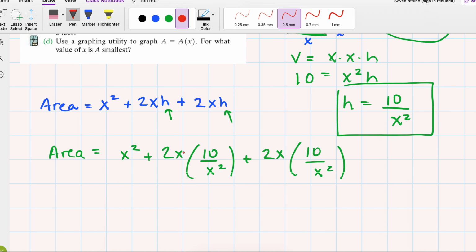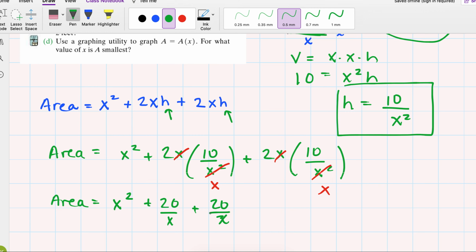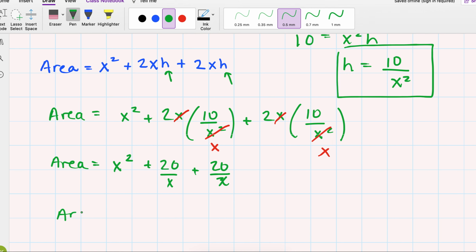Notice that I have an x here and two x's here, so we can cross that out and leave one on the bottom. So the area is x squared plus 20 over x plus 20 over x. And if we simplify this, this is going to be x squared plus 2 times 20 over x, which is 40 over x.